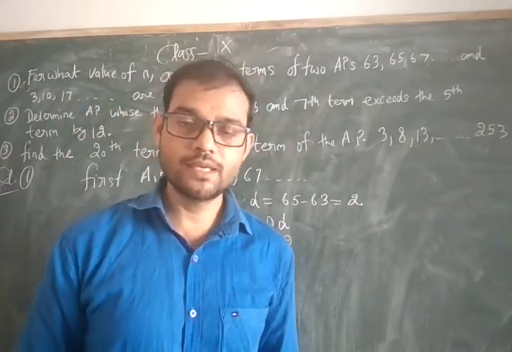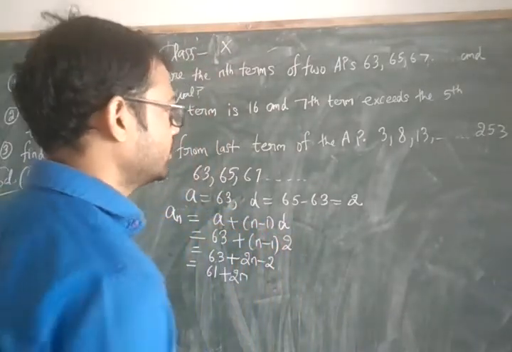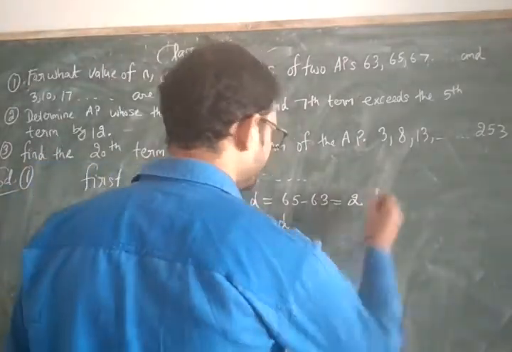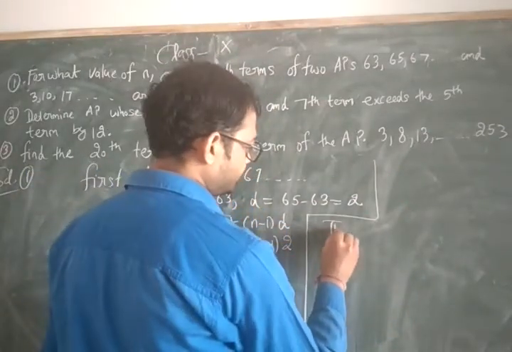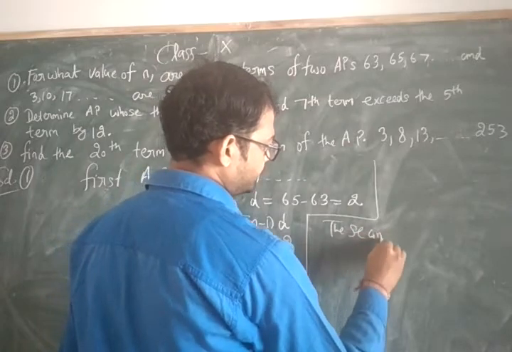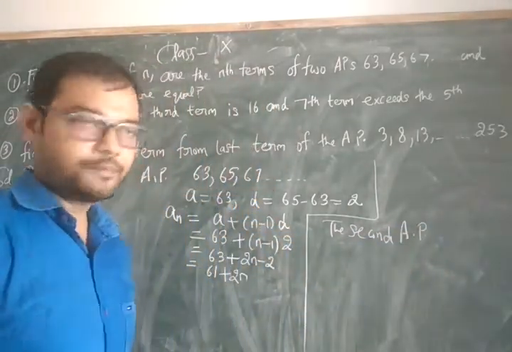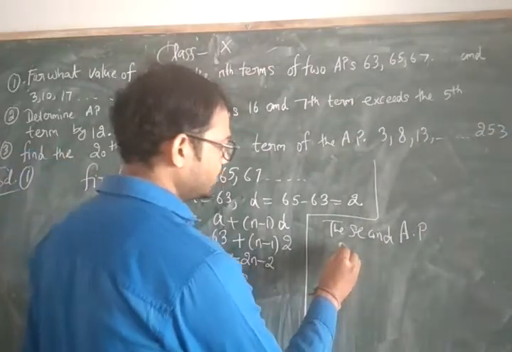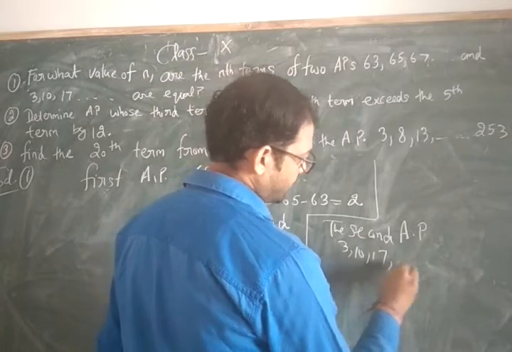तो second AP जो आपको given है, उस AP का भी हमने nth term find out करना है. So the second AP is 3, 10, 17.